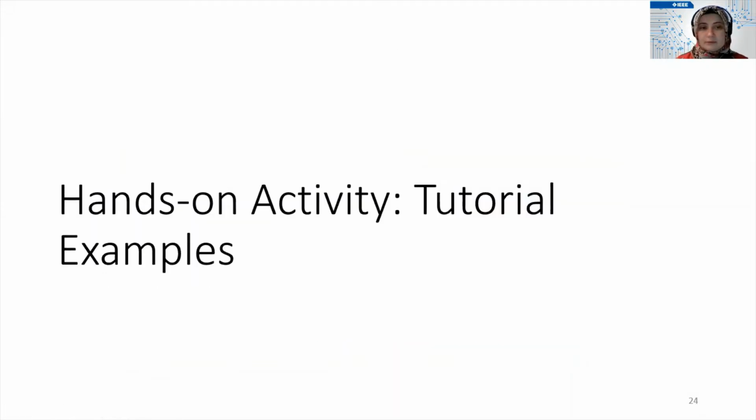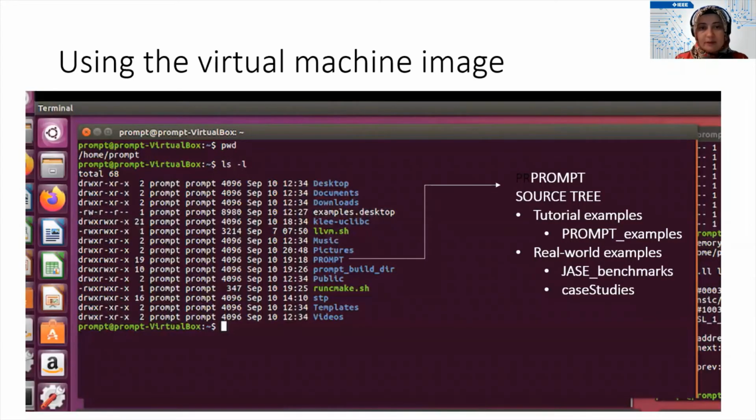Now we're ready to start the hands-on activity part of our tutorial. I'm hoping and assuming that you have installed the virtual machine image on your host computer. And so if you can open a terminal, you'll see that at the top directory, we have prompt source tree under all capital PROMPT.